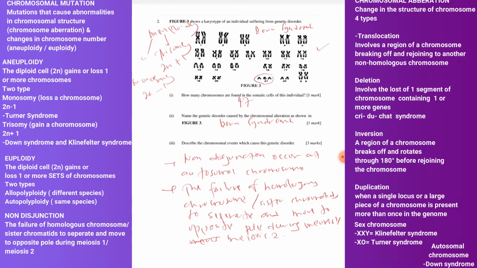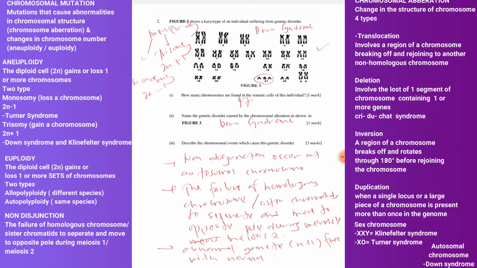So once non-disjunction occurs at autosomal chromosomes, it will form an abnormal gamete, N+1, and then it will fuse with a normal gamete.